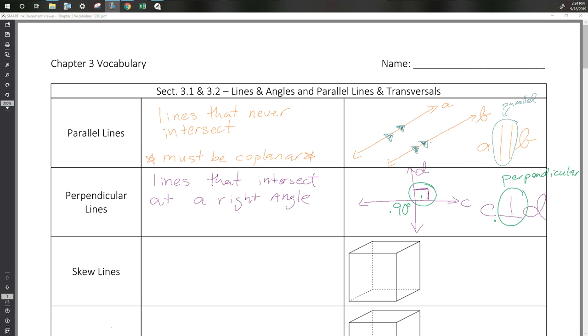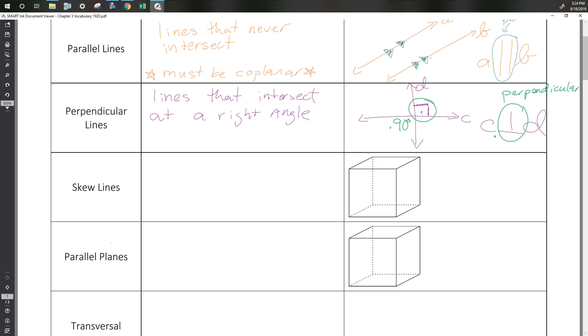Okay, so the next one is called skew lines. Now, skew lines have a few different things that we need to keep in mind. The first thing we need to know about skew lines, they are lines that are non-coplanar. So if they are not coplanar, that means they are not on the same plane.